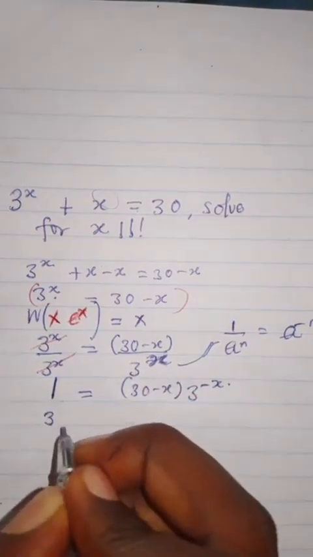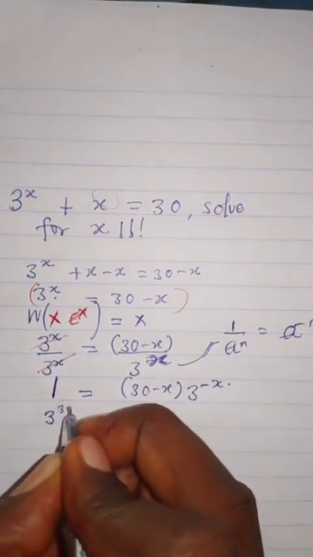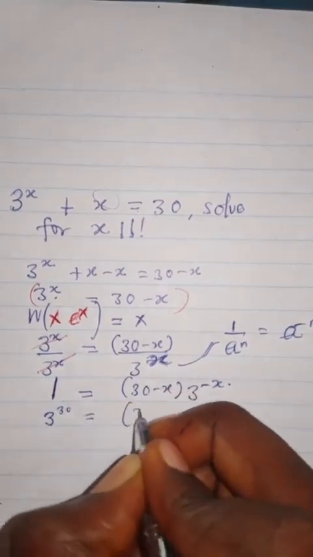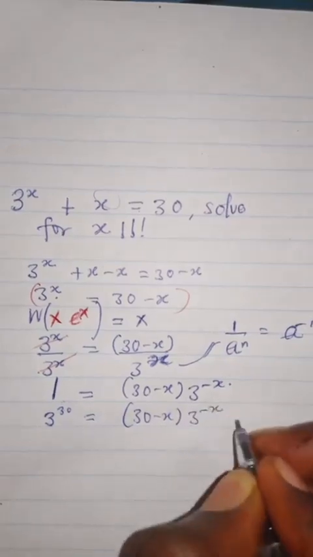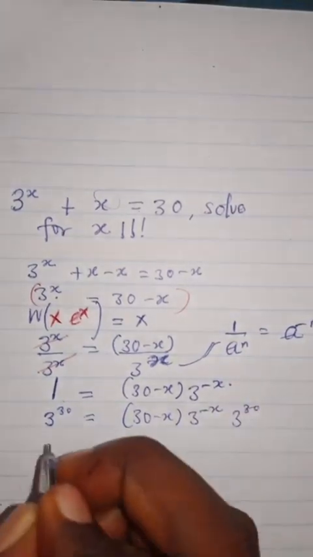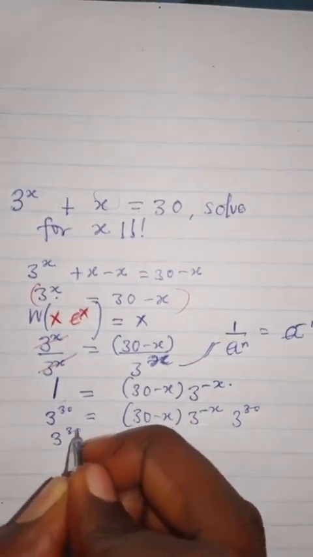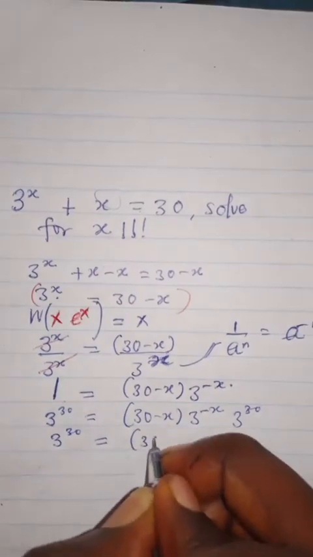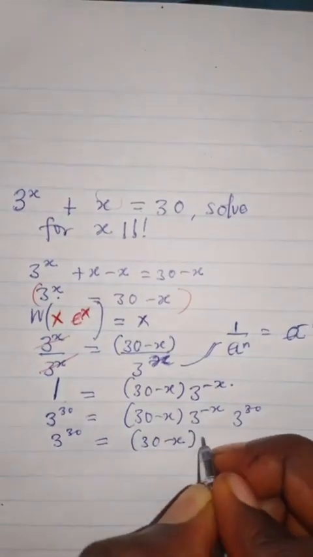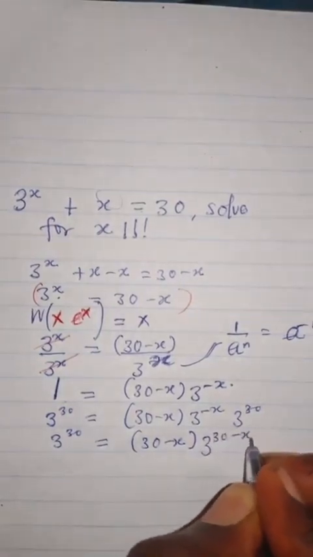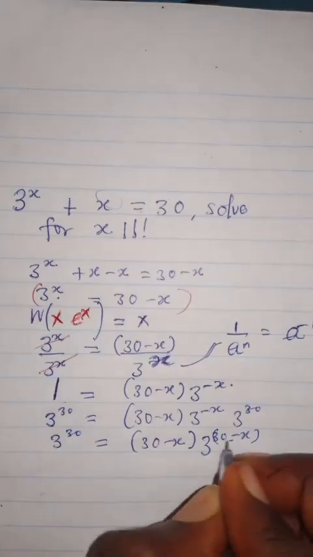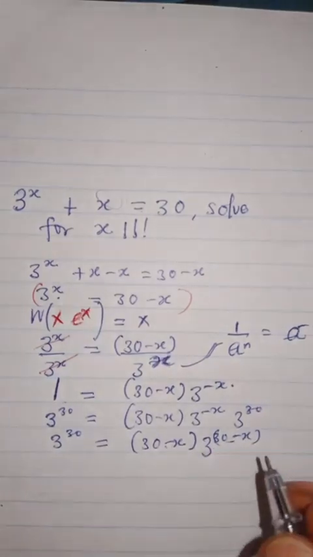So multiplying both sides by 3 raised to the power of 30, that will be 3 raised to the power of 30 multiplied by 1 is equal to 30 minus x multiplied by 3 raised to the power of minus x multiplied by 3 raised to the power of 30. So this will be 3 raised to the power of 30 is equal to 30 minus x multiplied by 3 raised to, according to the law of indices, 30 minus x. So we can see that this and this, they are now the same thing.